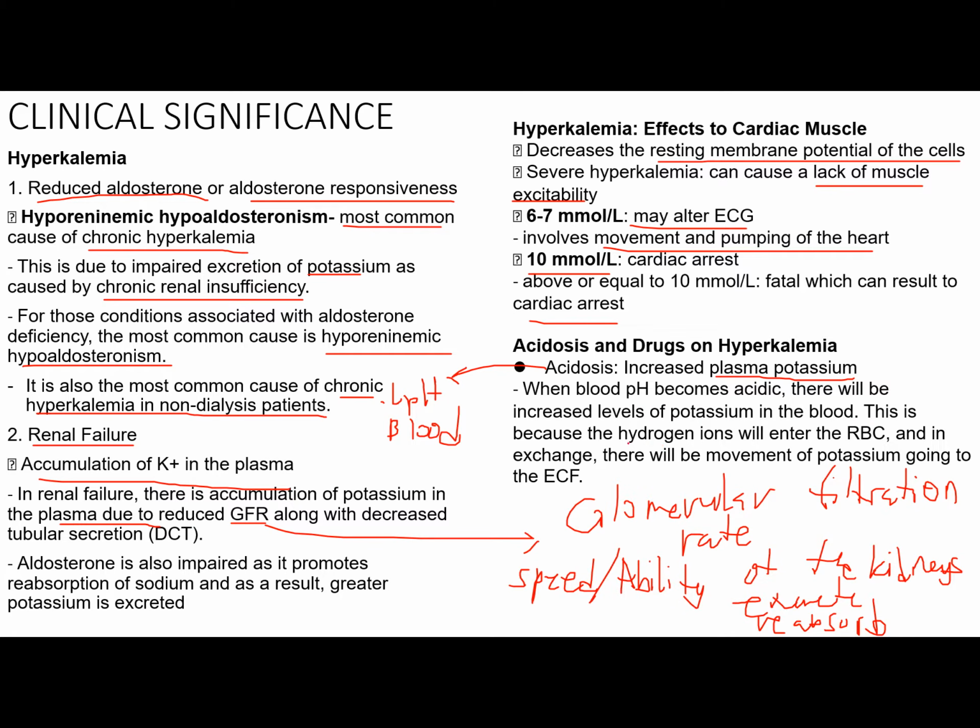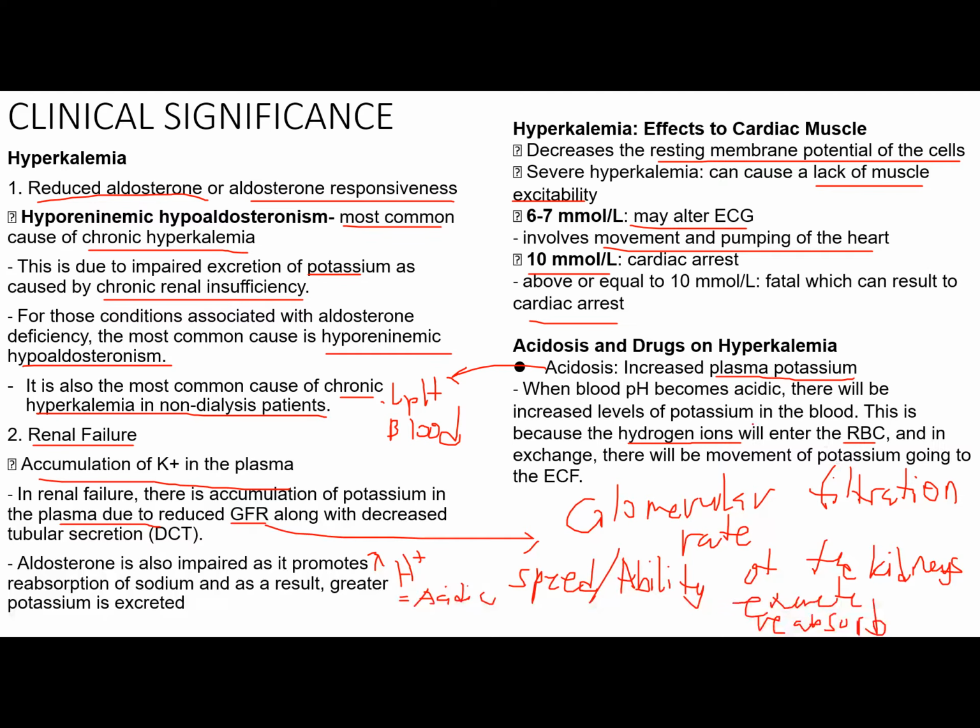This is because, class, the hydrogen ions would enter the RBC, and in exchange there will be movement of potassium going to the ECF. If you remember, class, for a solution or for a sample to be acidic, it needs to have more hydrogen ions. The more hydrogen ions present, the more acidic it becomes.